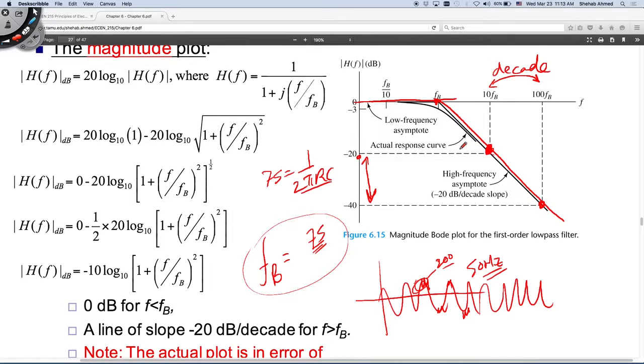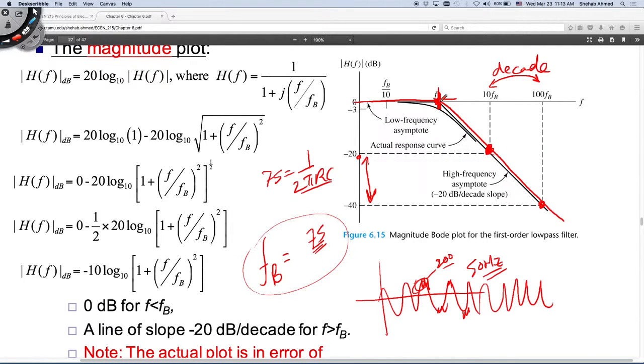And this is characteristic of first order filters. So any first order filter, you cannot design better than that, right? If I have a signal that's at 50 hertz and noise that I want to attenuate at 55 hertz, this type of filter will not be good enough, because let's say I design FB to be 50. At 50 I'm here. How about 55?